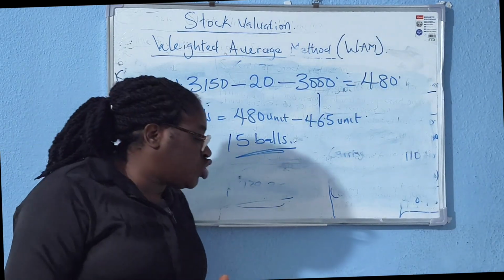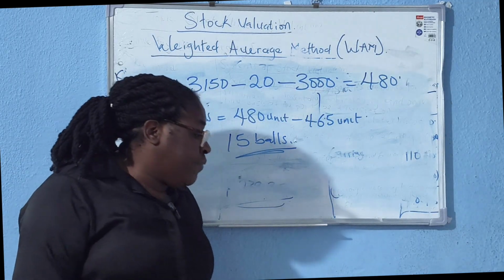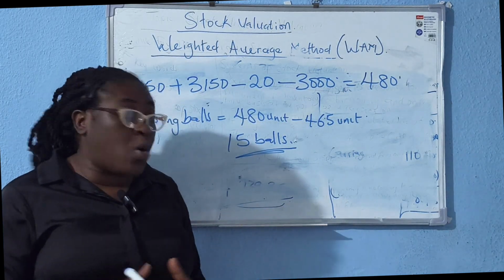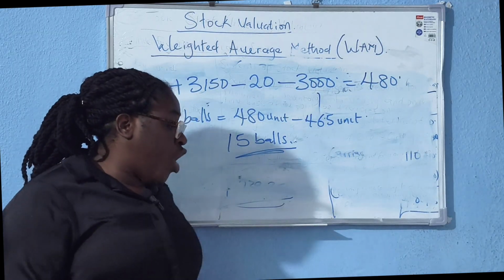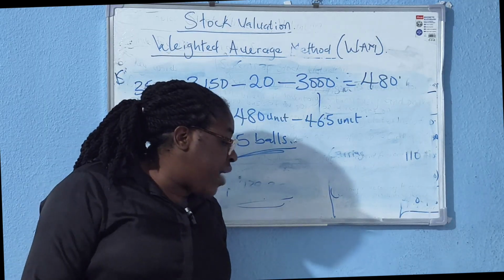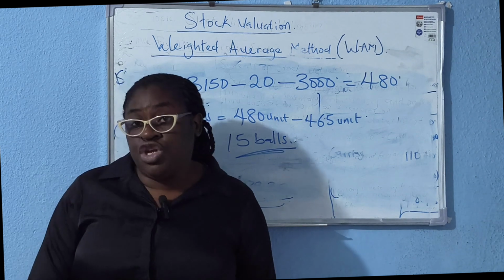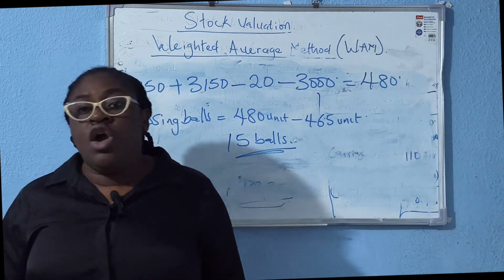So your advice should be that Pope should count the stock regularly. You should order smaller quantities of balls so that he can be able to monitor the movement of the ball. Then also, Pope should increase the security of the business.